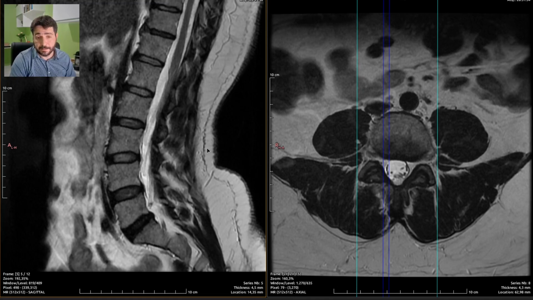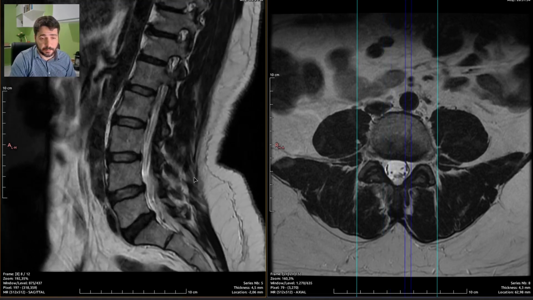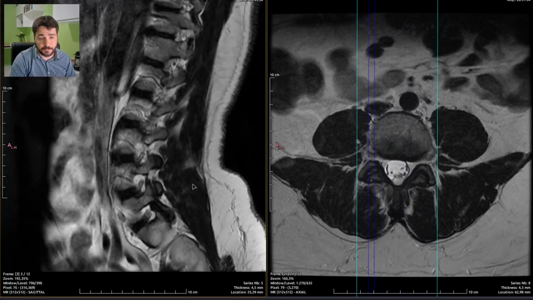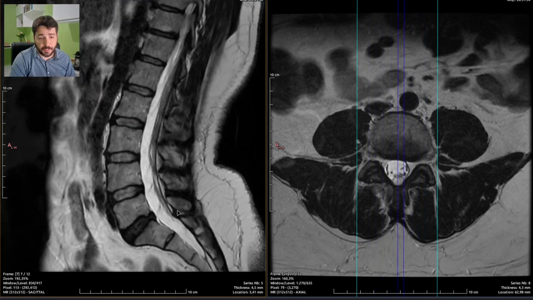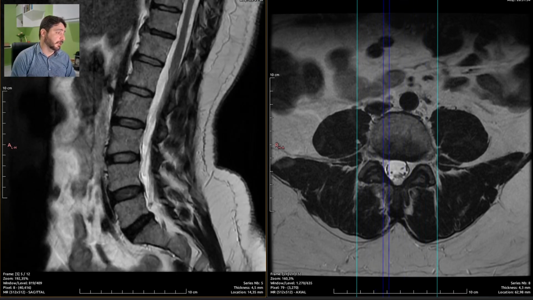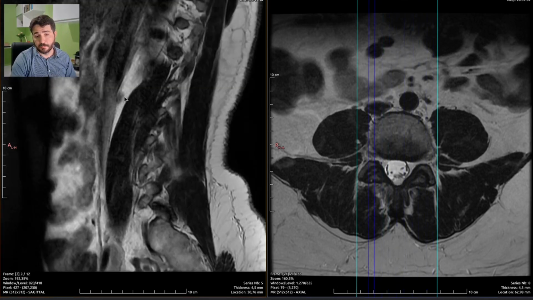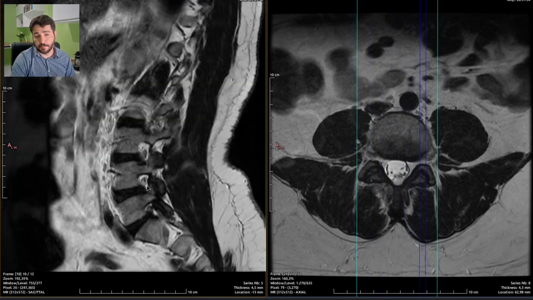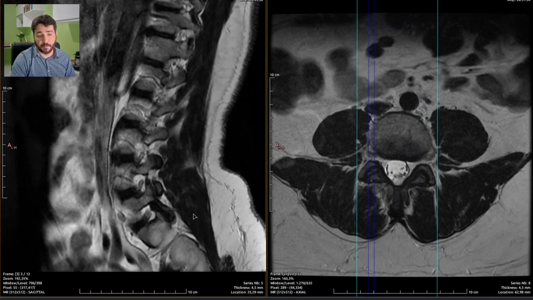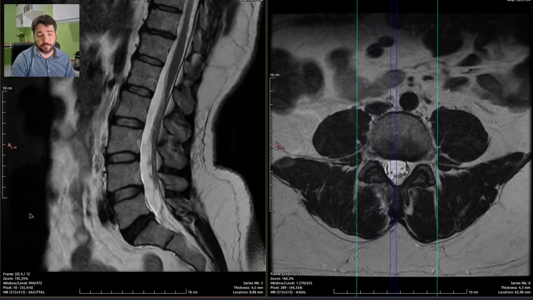So there is arthrosis, degenerative disease of the facet joints, mild, and stenosis. Right, left L4, L5 foramina and bilateral foramina on L5 as well.